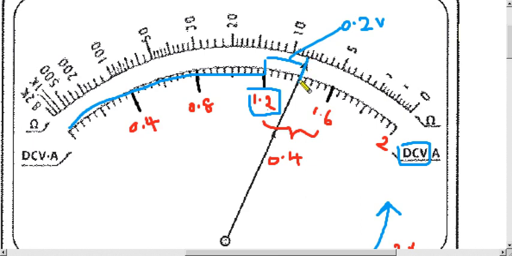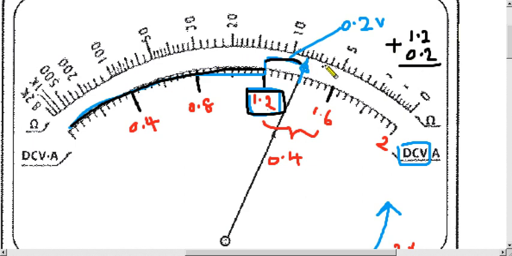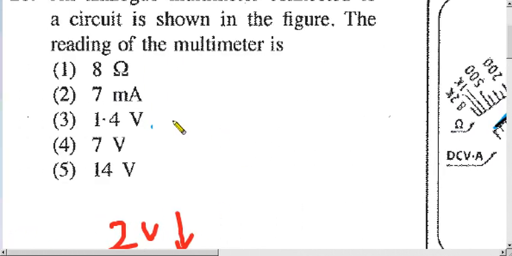Then what is the reading of this needle? You have to get this 1.2, because totally it came along the way to 1.2, then this half 0.2, then add, because we need the total length 0.4, 1.4. That is the reading. So the answer is this one, 1.4 volt.